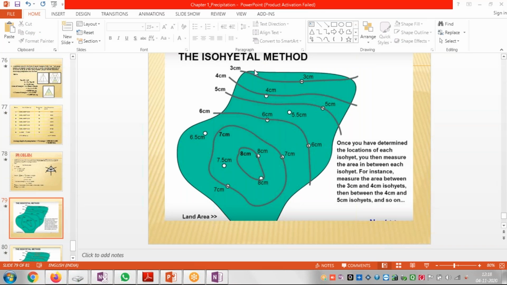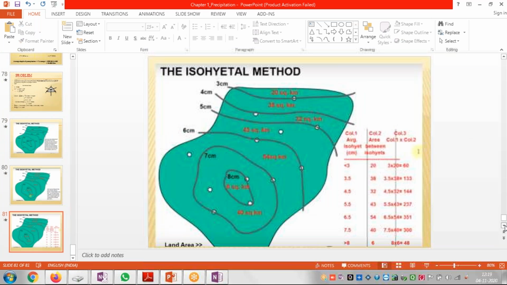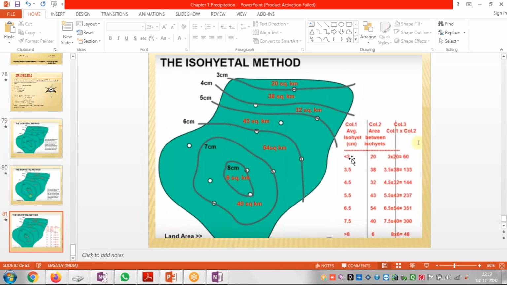Here you first saw the contours, then in the second slide the area is also given. This is 20 square kilometers, this is 38, 32, this is 30, 43, 54, and this is 40, and the last one is 6 square kilometers, right? Now I will apply the formula. What would that formula be? This is less than 3.